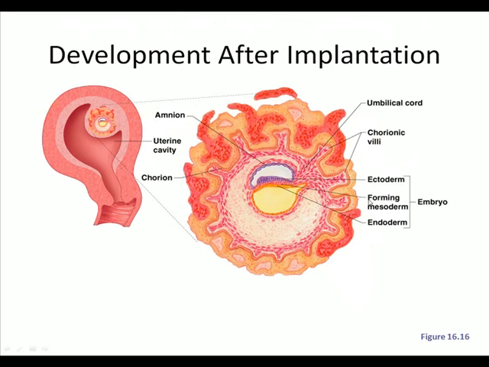So the center ball of cells now starts to become the main types of tissue that will form in the fetus.